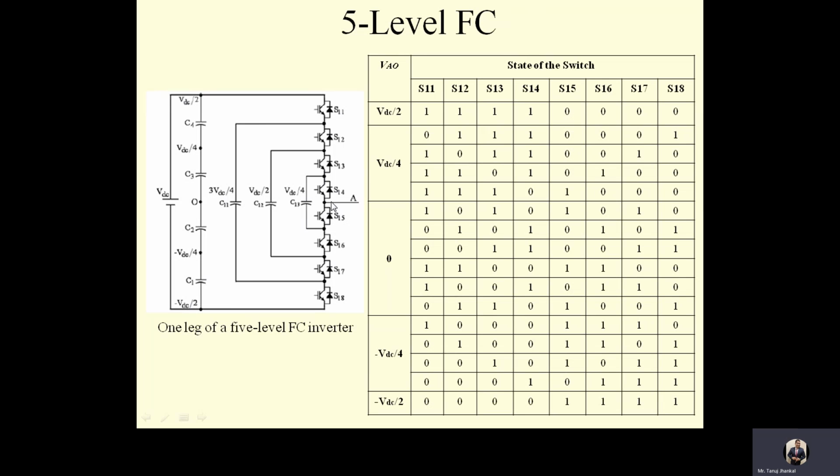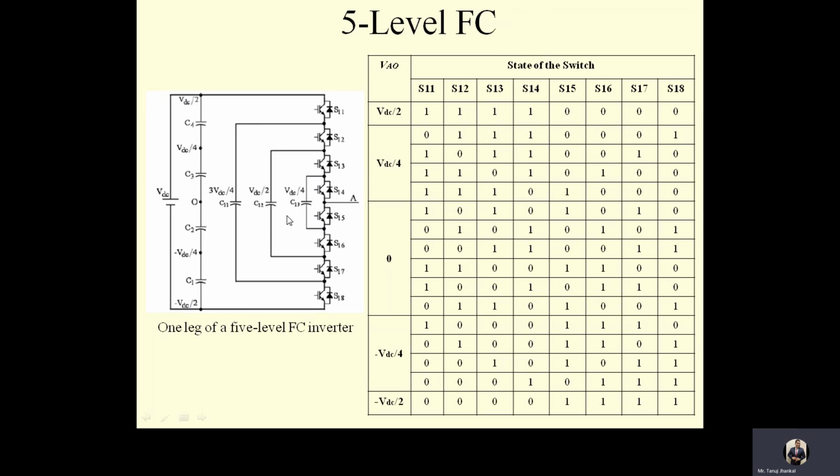Now I am moving from A point. When I reach this point, this is short and this is open, so I will move from S15, and when I reach the capacitor C13, I will observe a voltage of minus VDC by 4.